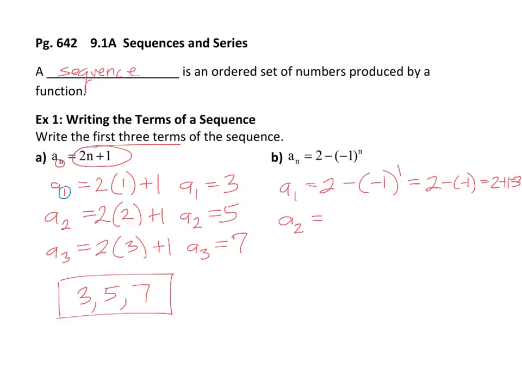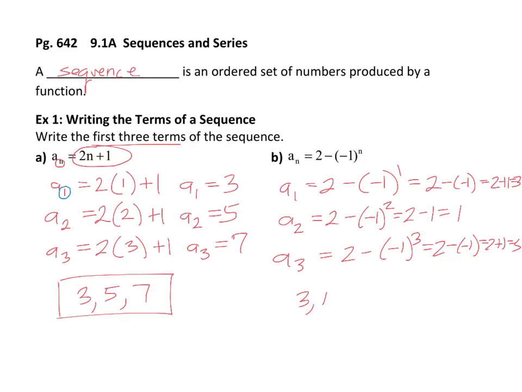All right, then I have 2 minus negative 1 to the second power, because I'm working with the second term. So I have 2 minus 1, which is 1. And I have a sub 3, which is 2 minus negative 1 to the third power. End up with a negative 1 again, which gives me 2 plus 1, which is 3. And the interesting thing about this function is it's going to give me a sequence where I go back and forth between 3 and 1.